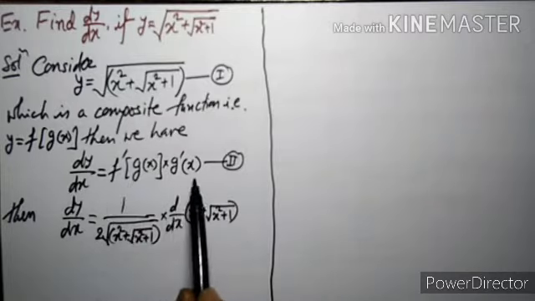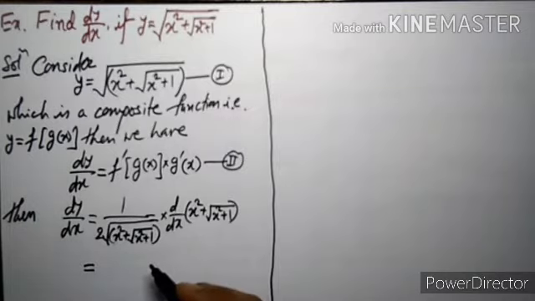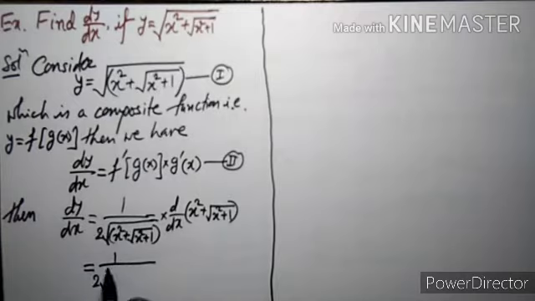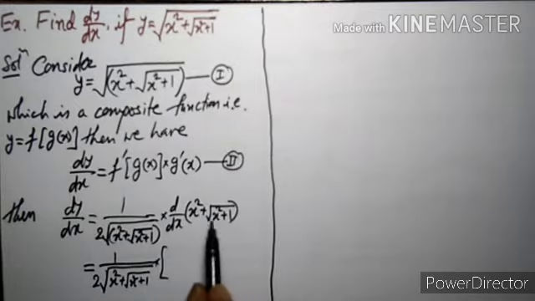Derivative of x square plus root of x square plus 1 is equal to, now here keep the first part as it is, 2 into root of this x square plus root of x square plus 1, no change here, into, now we have to differentiate this separately using the formula for derivative of sum equal to sum of derivatives, we have studied in 11th standard.